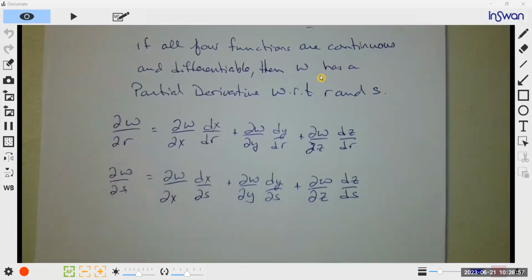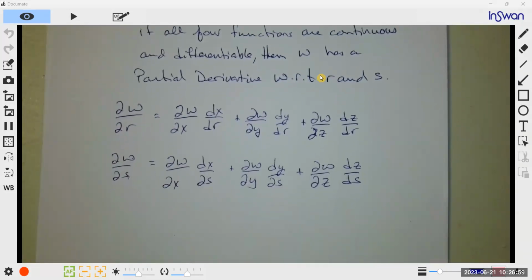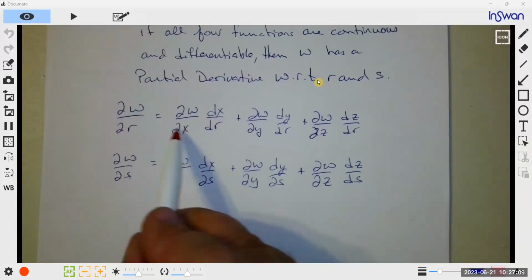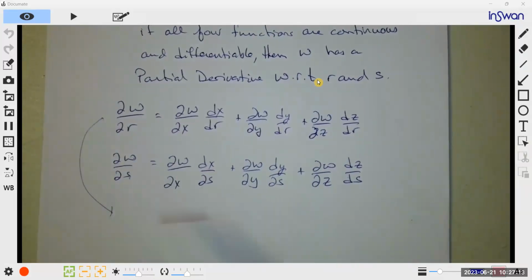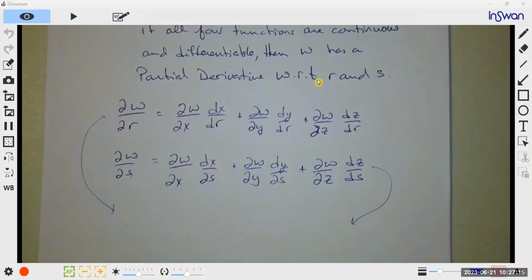And each of these has its own diagram. We do the same thing for both of these. So for the first one and the second one, let's do their own diagrams.